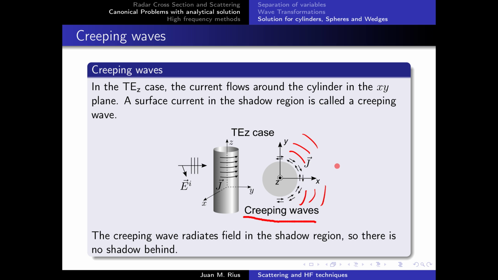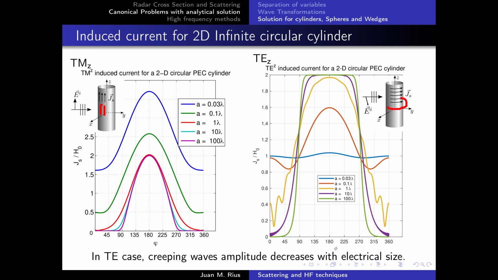So we have two creeping waves with opposite propagation directions, and this creates a standing wave of current. We can see here for 1 lambda the standing wave, and in the case of 10 lambda we can also see some oscillation that is also the standing waves.